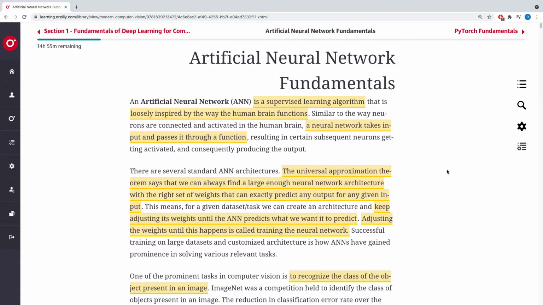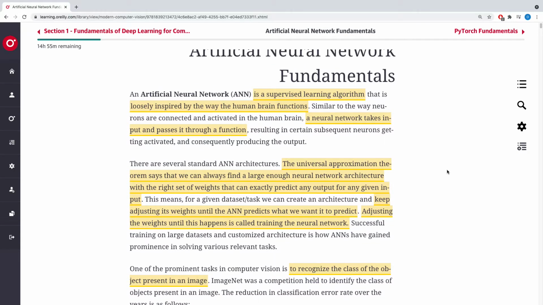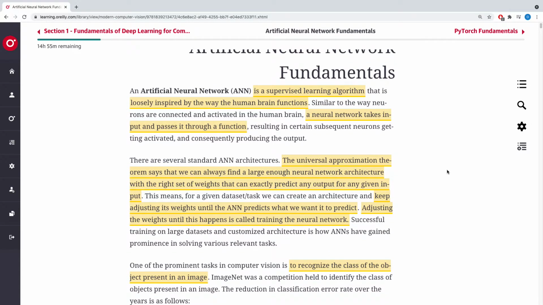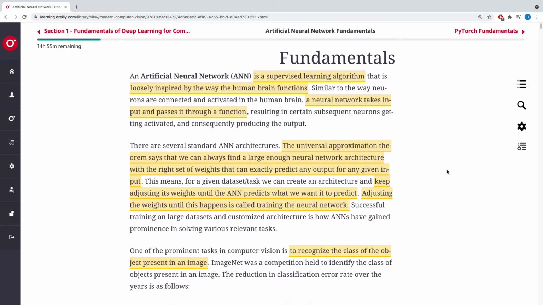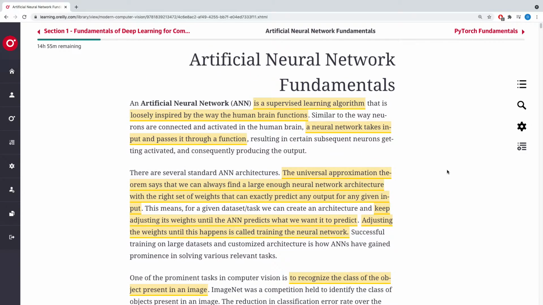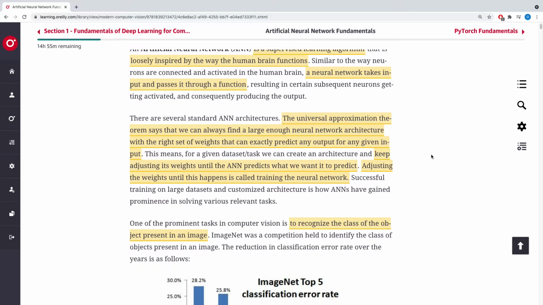So that's the inspiration of this particular algorithm. So essentially it's a function approximator. It takes in an input and it gives you an output, and it's able to model some high level non-linearity in your input to give you an output, as we will see.